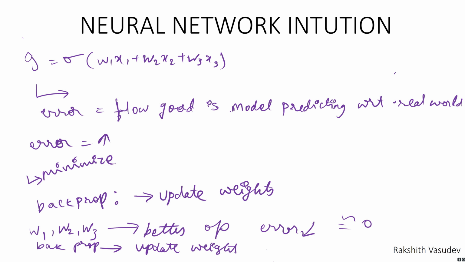You back propagate, the error goes down, the weight matrices get better and better. At some point your error is close to zero, and that is when your model is really good for predictions.